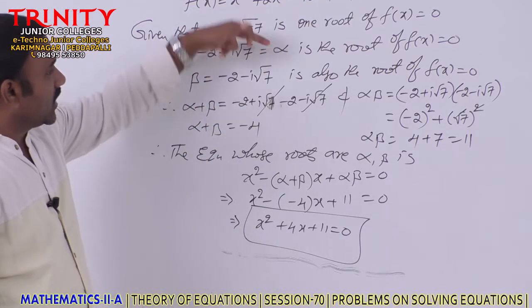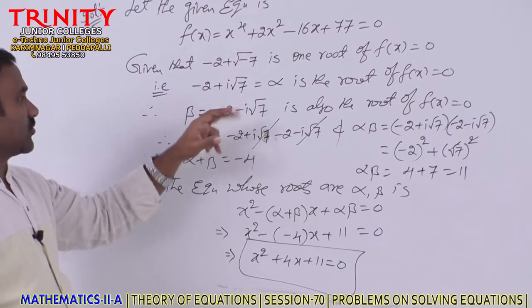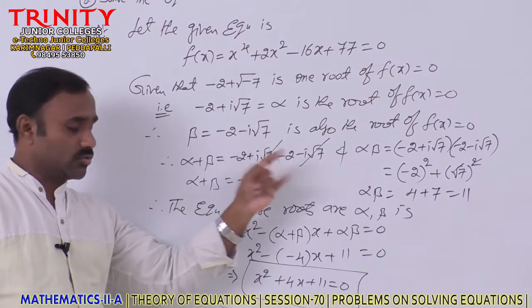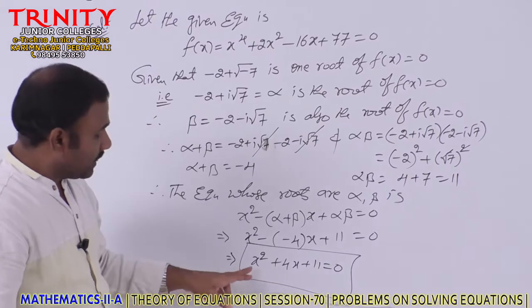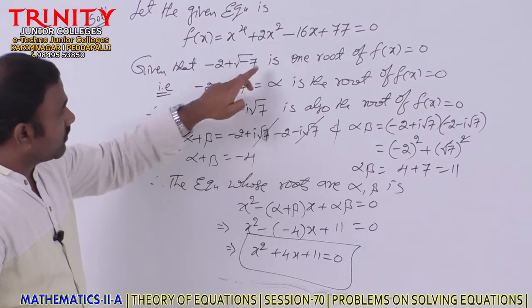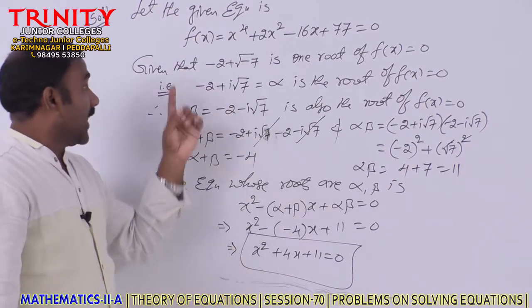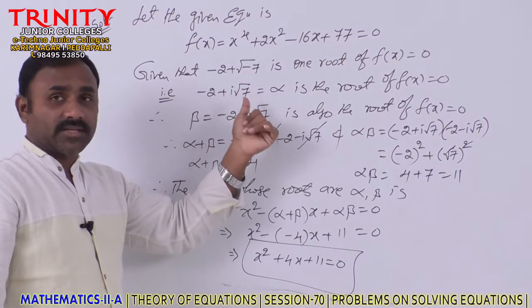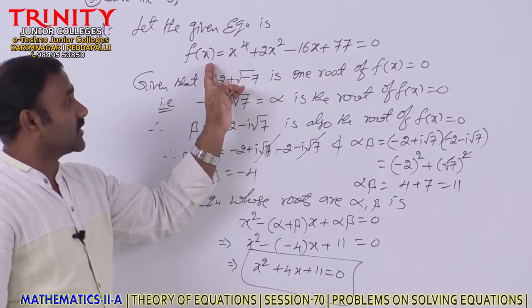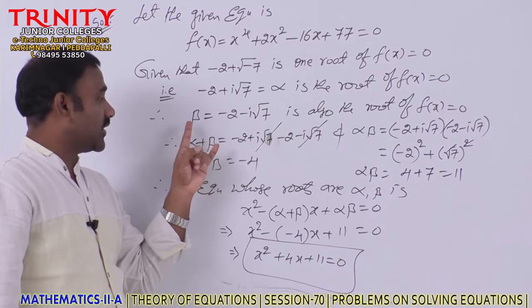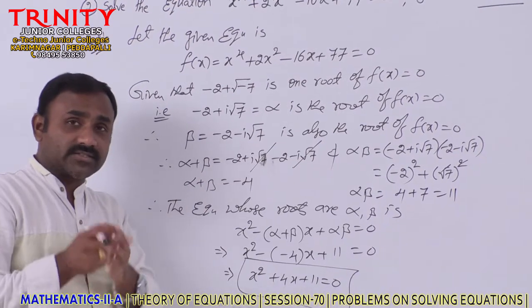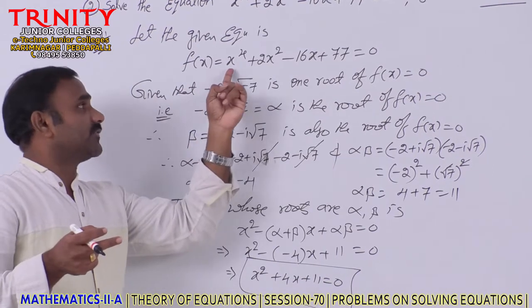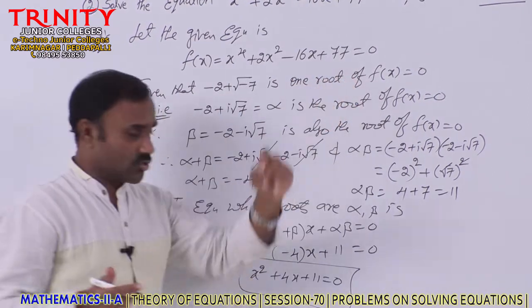which is the quadratic equation formed by the roots alpha equal to minus 2 plus i root 7 and beta equal to minus 2 minus i root 7. We got the quadratic equation. Now, this quadratic equation is formed by the roots. Therefore, if x equal to alpha is a root, then x minus alpha is a factor of f of x equal to 0, and x equal to beta, x minus beta is also a factor. The product of these two factors is again a factor of the given polynomial f of x equal to 0.